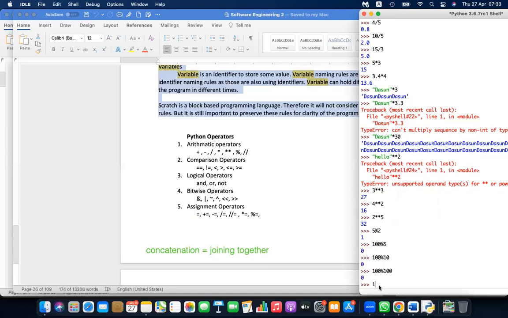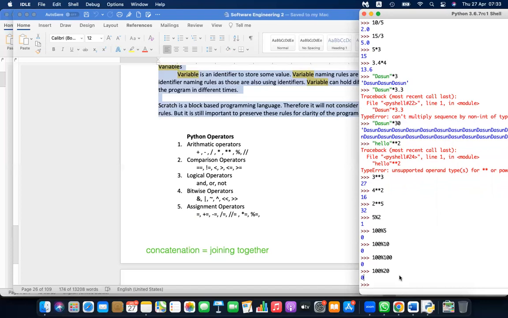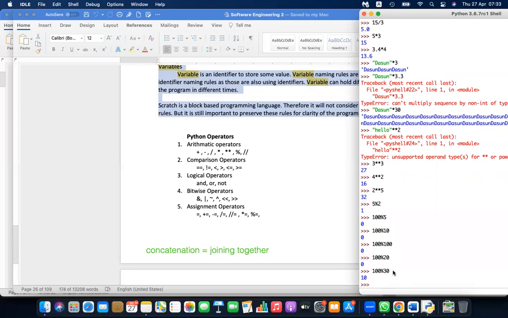Okay, what about 100 divided by 20? 0, right? Okay. 100 divided by 30? 10. Yes, because there are three 30s for 90, but 10 remains. Exactly. This is what the remainder is.